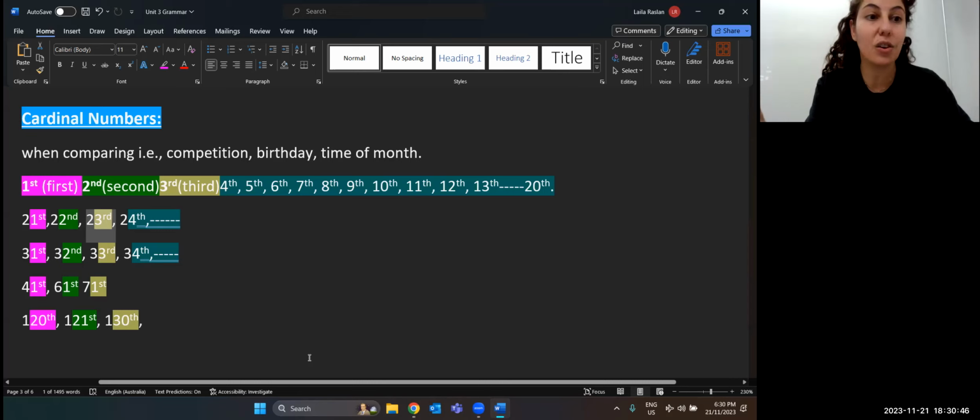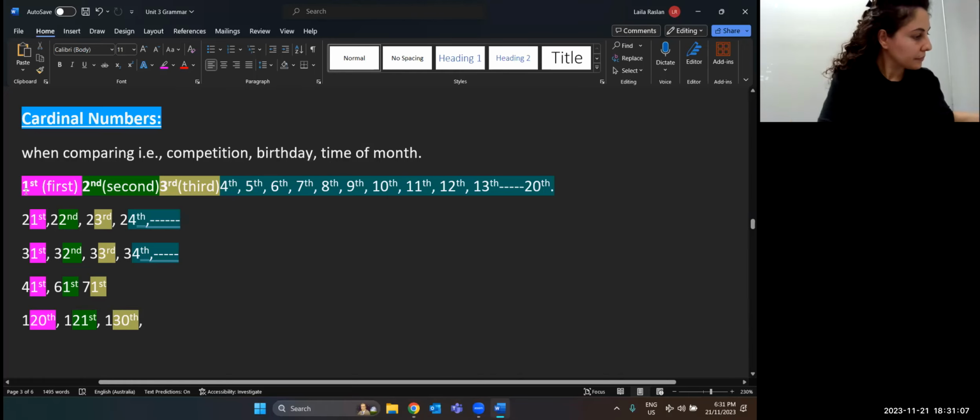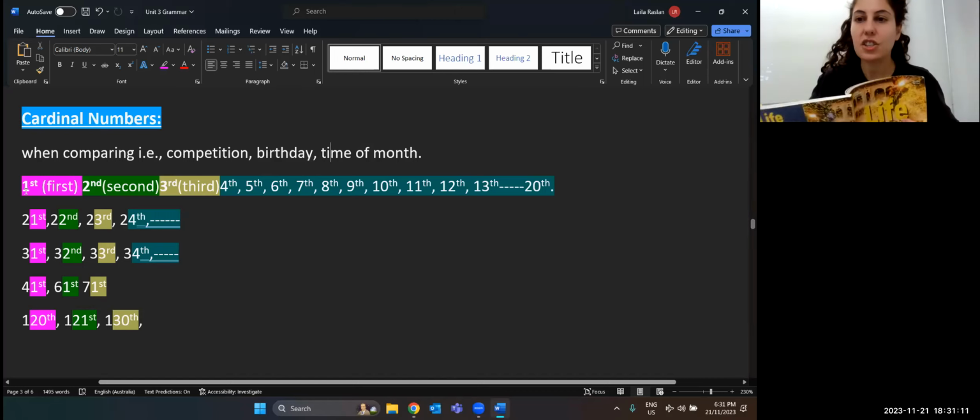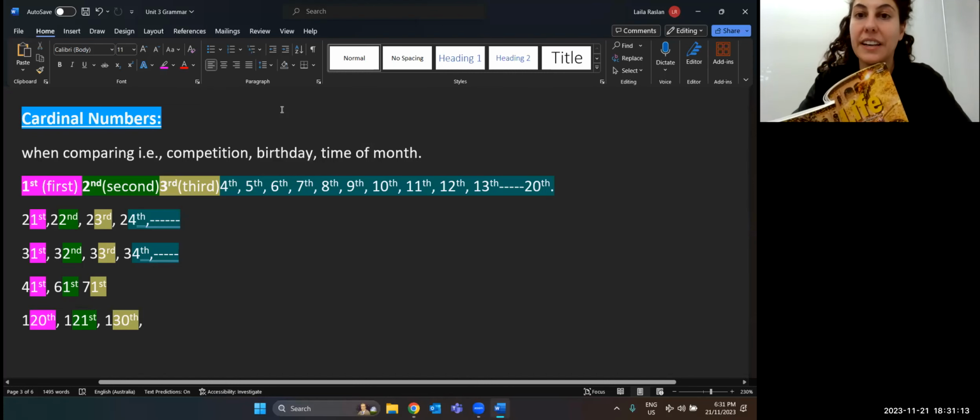So remember, these are called cardinal numbers, and they're different to when we say 1, 2, 3, 4, 5, 6, 7, 8, 9, 10, whatever. We're not counting, we're comparing, we're talking about competition, birthdays, or time of month. So let me show you an example from our reading.